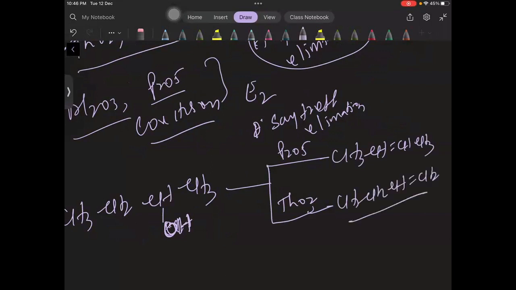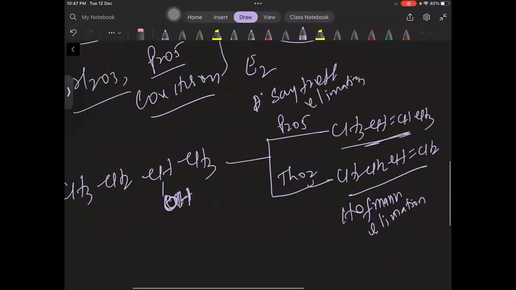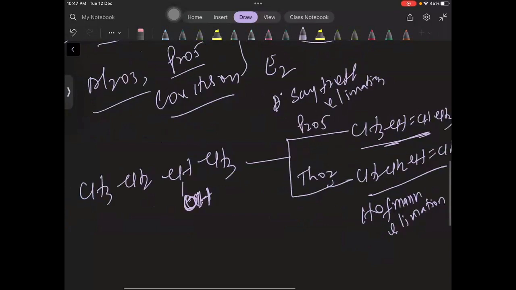The Hofmann elimination product is CH3 CH2 CH=CH2. So if you know the reagents, you can easily check whether it will favor Saytzeff or Hofmann.